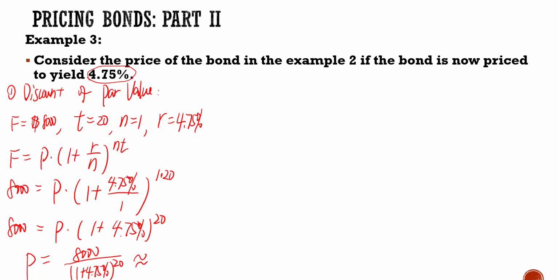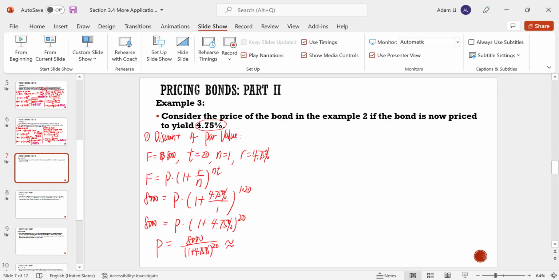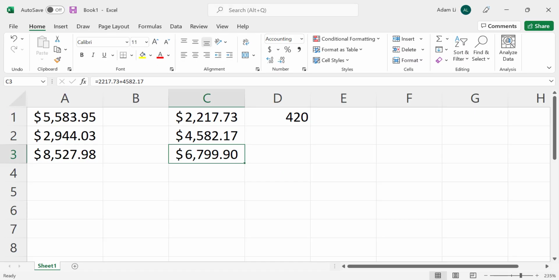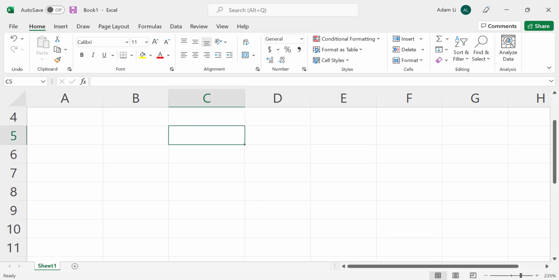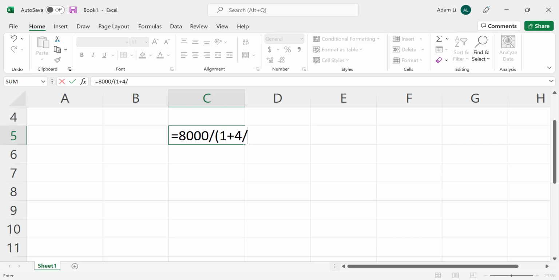The bond price from the par value, let's use Excel to get a result. And this should be 8,000 divided by 1 plus 4.75%, close parentheses, raised to 20 power.